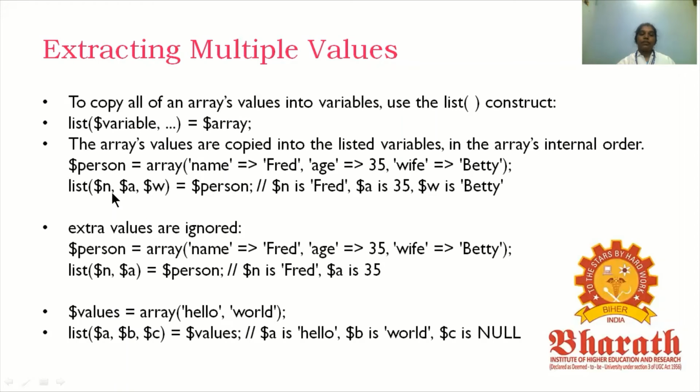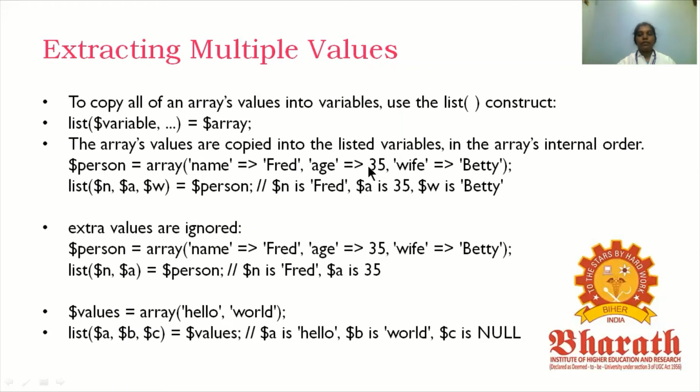How many variables have we created here? 3 variables, right? So there are 3 variables inside the list function, equal to $person. $person is an array which contains 3 elements.